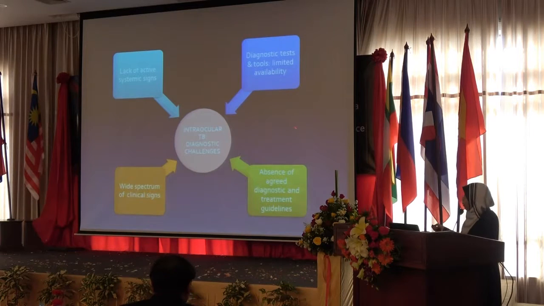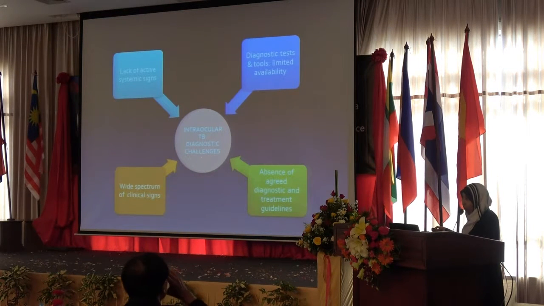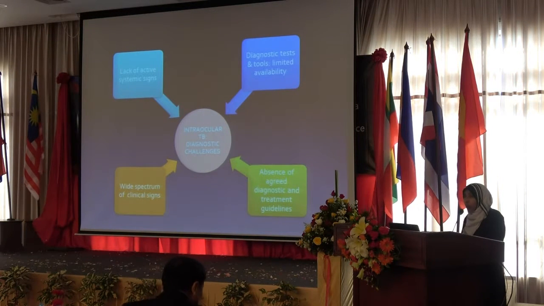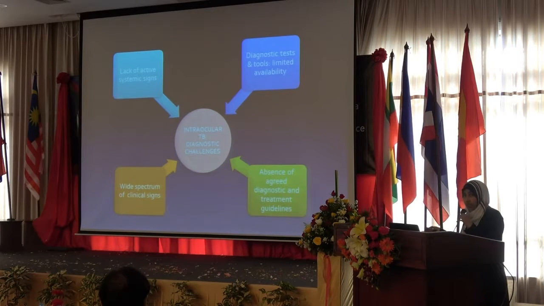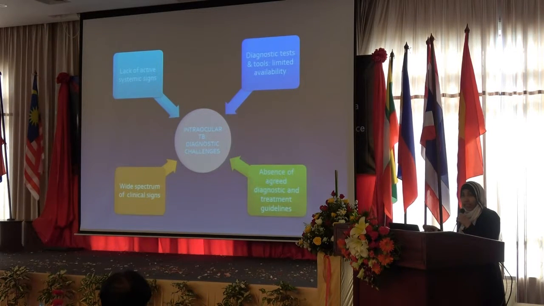So actually, globally, there are many challenges in the diagnosis of intraocular TB, which I'm sure my colleagues here are also sharing. So firstly, the lack of active systemic signs. When patients have TB in the eye, tuberculous uveitis, usually they are otherwise quite well. They usually have only latent TB and no active systemic TB, in most of the patients.